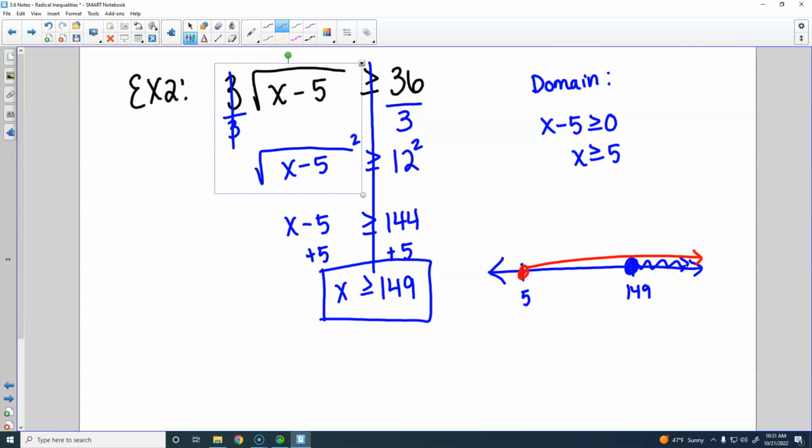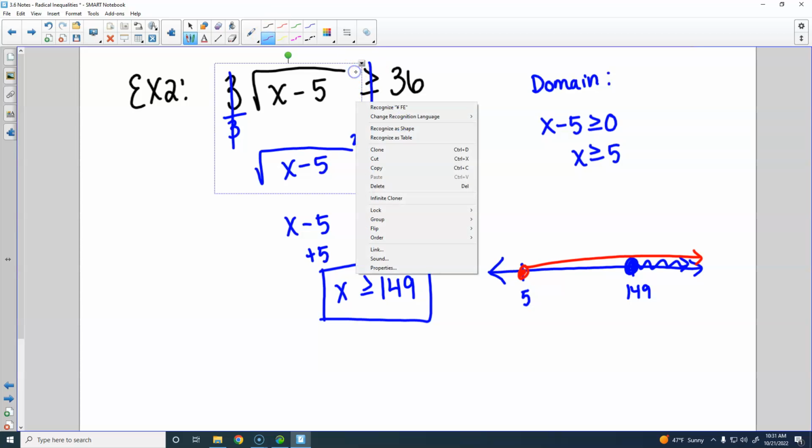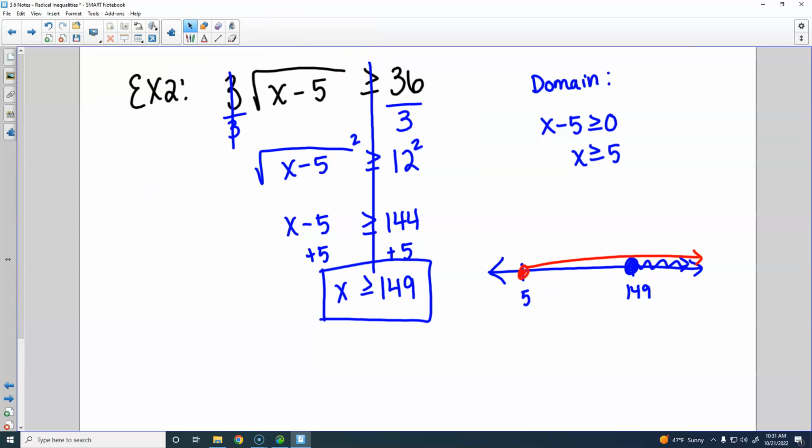Not always, but most of the time, if you have a greater than sign in the original problem, the domain's not going to matter. There are times it can happen, but most of the time it doesn't.